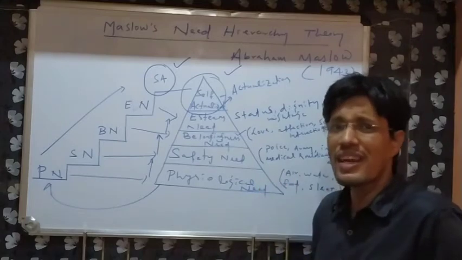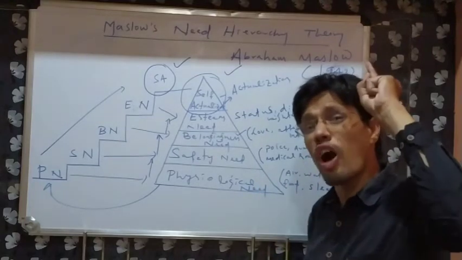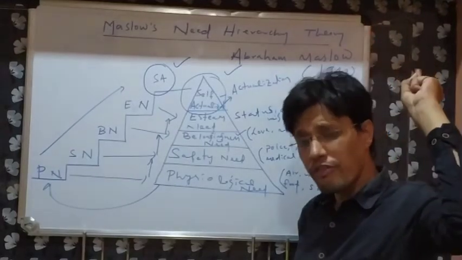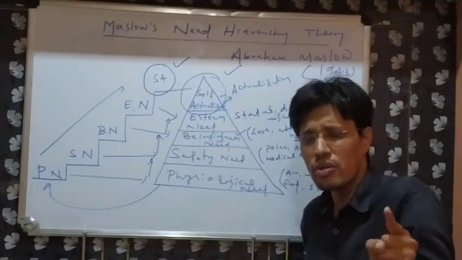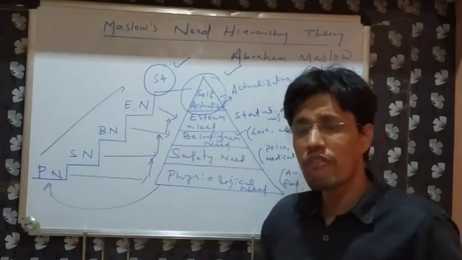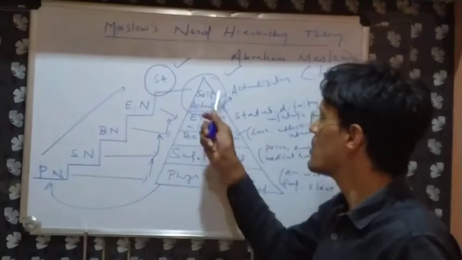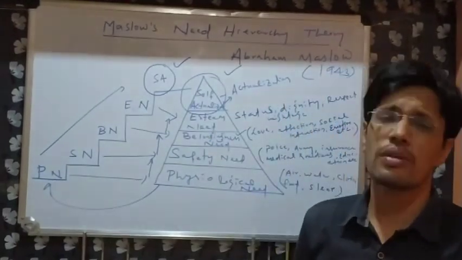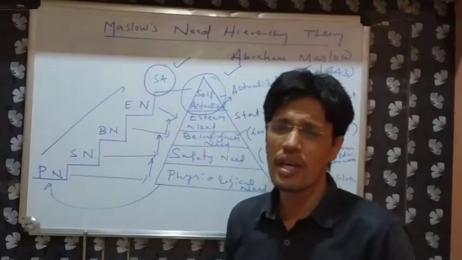You should try to reach the top part of the profession, of the livelihood, whatever you are performing or doing. So every individual tries to become self-actualized. But in fact, very few people in the society reach there.